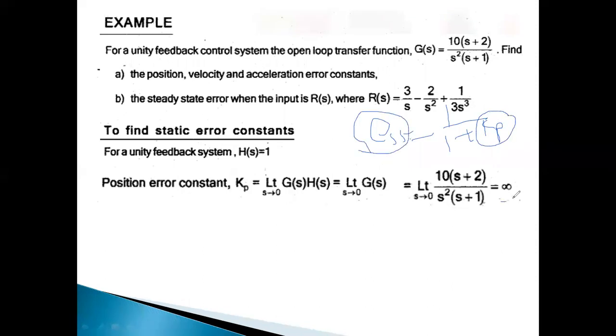If the error constant is infinity, the steady state error becomes 0. No need to find out the steady state error in this case. So error constant Kp is equal to infinity.